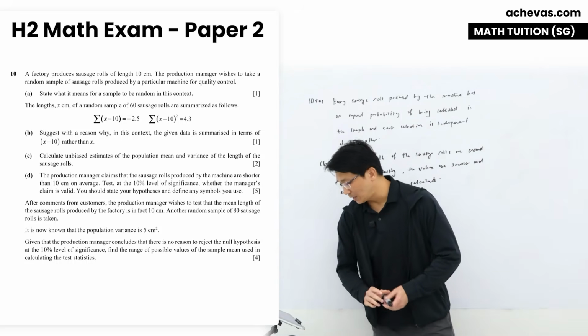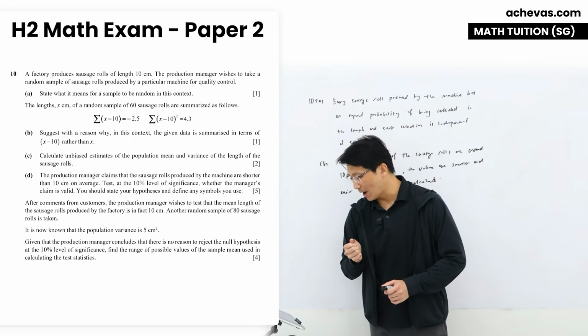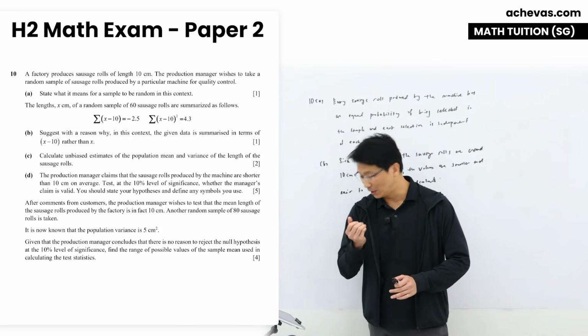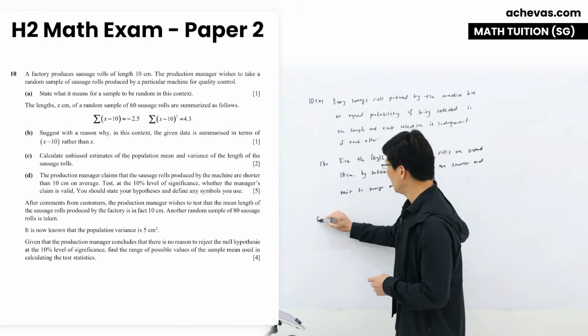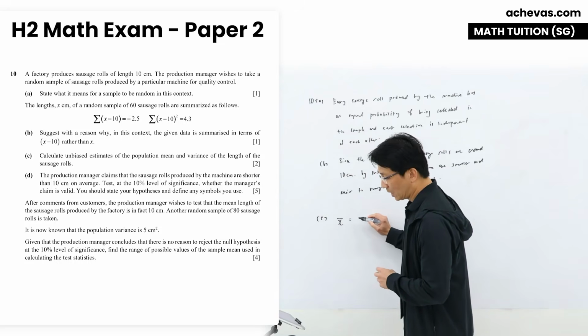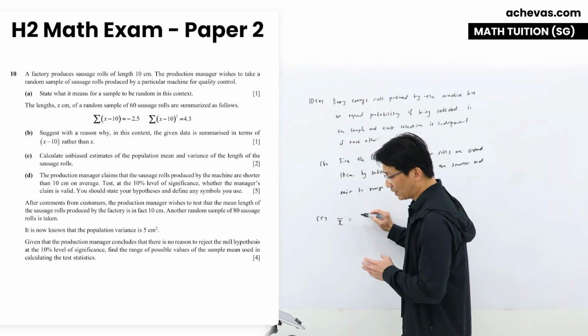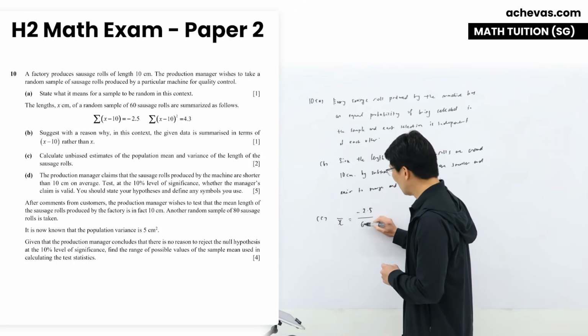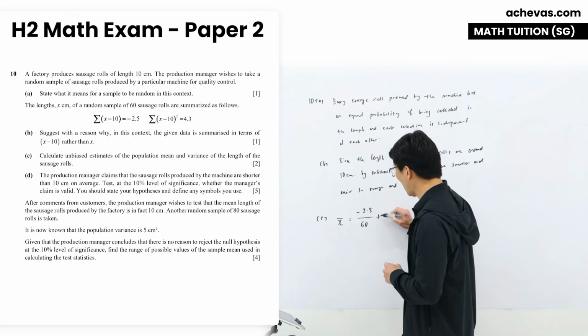Right, and for part C, we are supposed to use the data and calculate the unbiased estimate of the population mean and variance. For part C, to calculate what is my x bar, I'm going to make use of our summation of x minus 10, which is minus 2.5, divided by the sample size, which is 60, and add back 10.